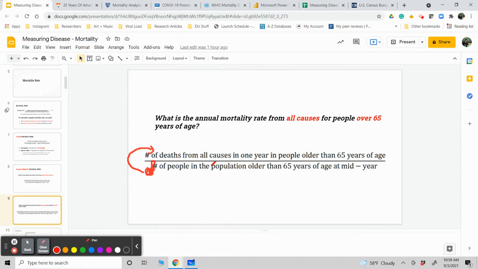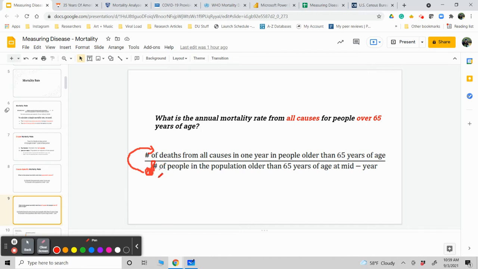So if you are 13 years old in the year that this calculation is made, well, you're never going to become a death over 65. You'll be included as a death in under 18, perhaps, but just remember, the size of the population of the denominator needs to follow this simple rule.